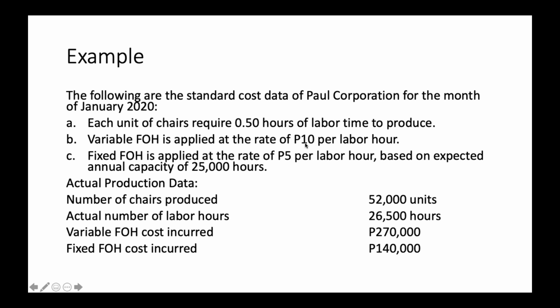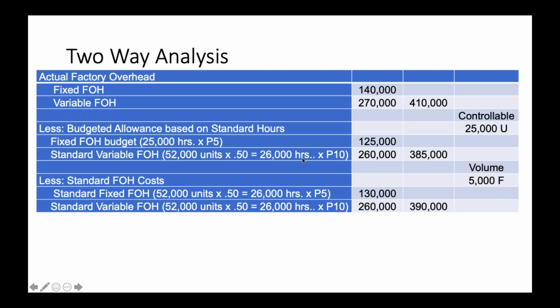That's 10 pesos, that's the rate. 0.50 hours, since we produced 52,000 units. 52 units times 0.50 times 10, that's 260. So the difference between the two is a controllable variance of 25,000.